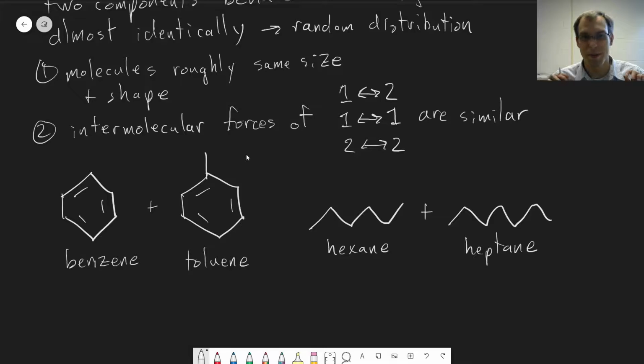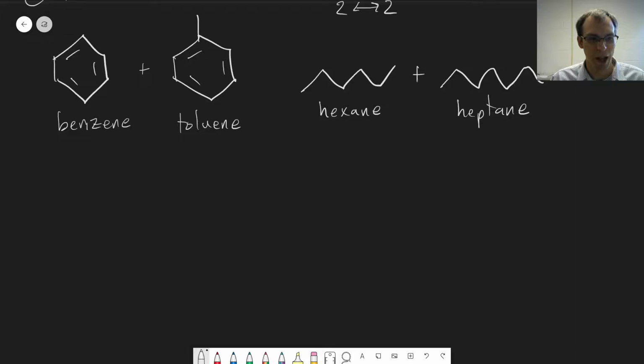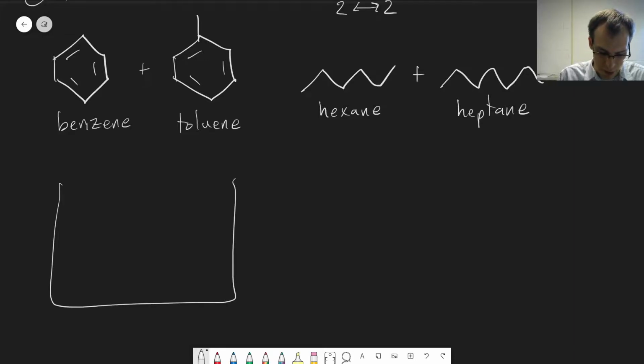Now, these are pretty specific examples. Like I said, most solutions are not ideal, but this provides a good starting point. So if the solution is ideal, let's think about what's happening in terms of the vapor pressure, since that's what we're interested in. Vapor pressure really is a surface phenomenon.